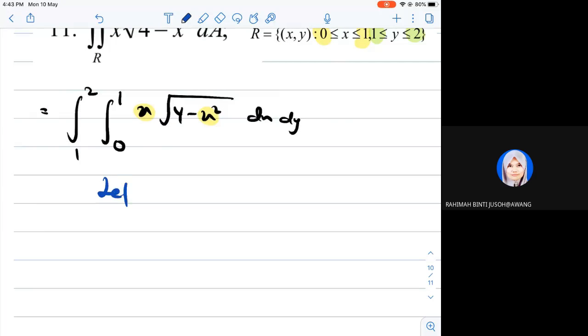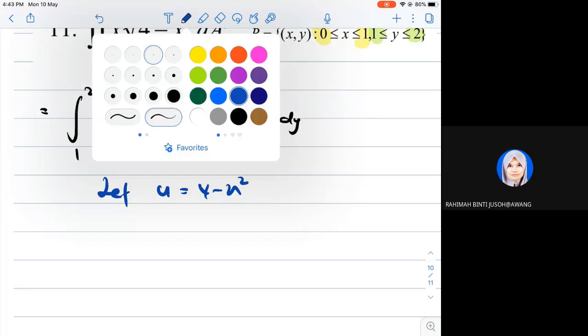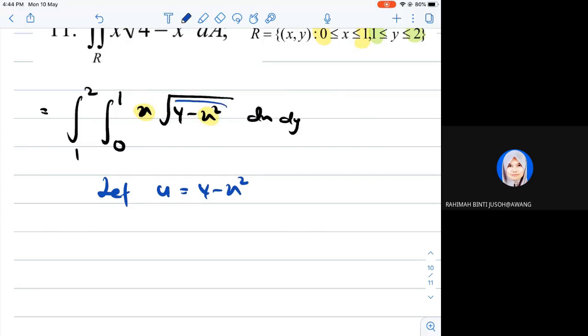Let's say I let u equal 4 minus x squared. We take only the inside part, guys. Okay, we let u equal 4 minus x squared. So differentiating u, we will get negative 2x dx.